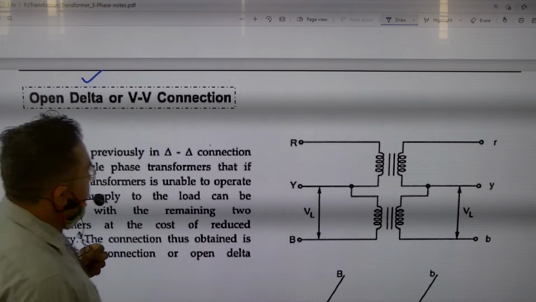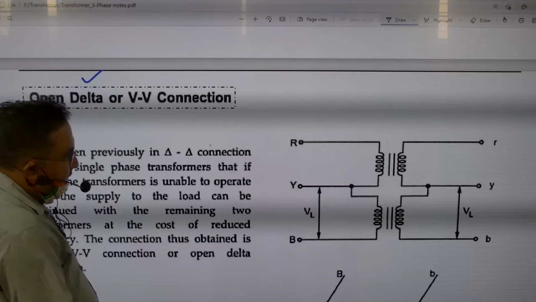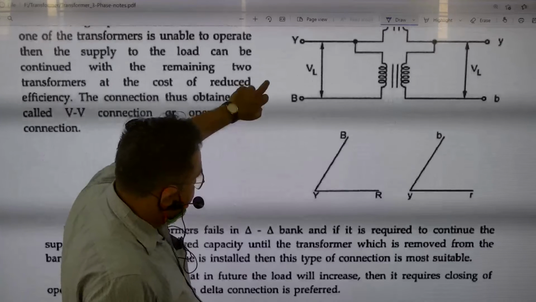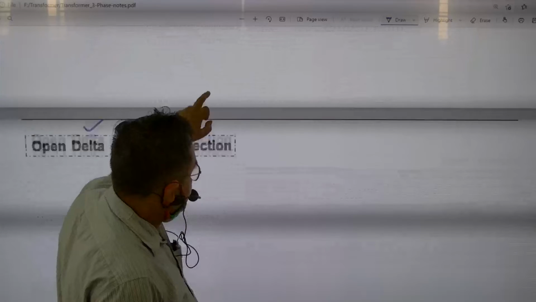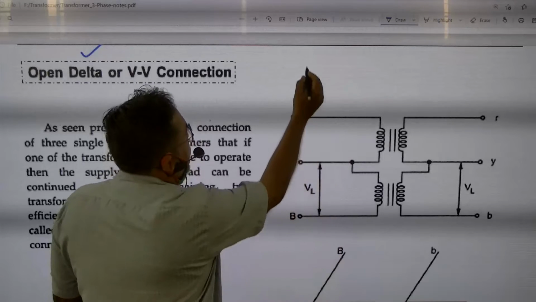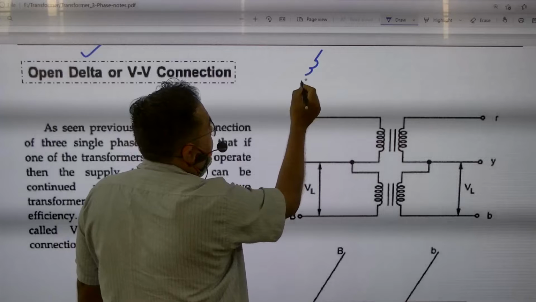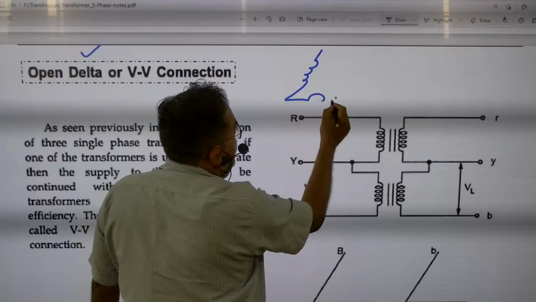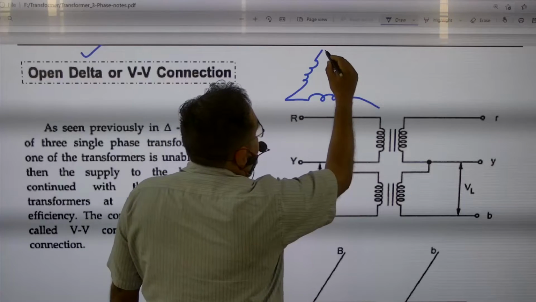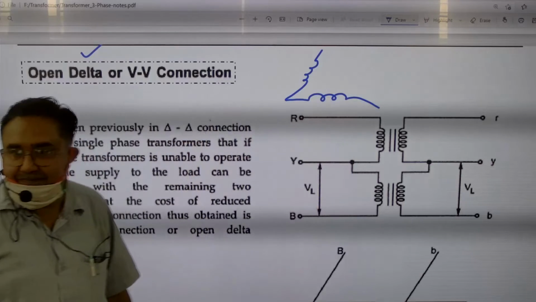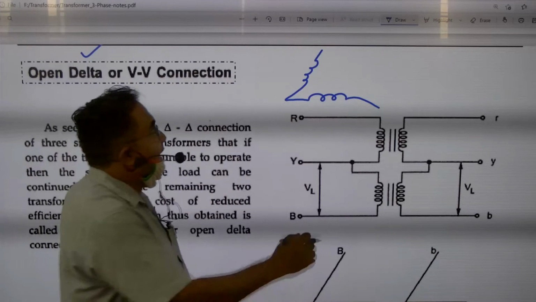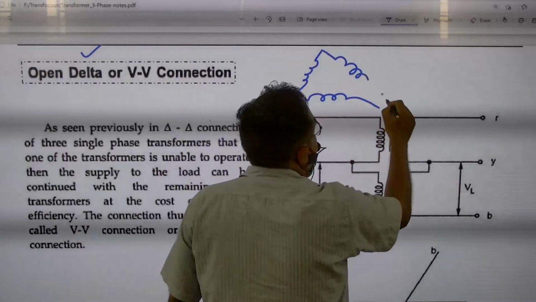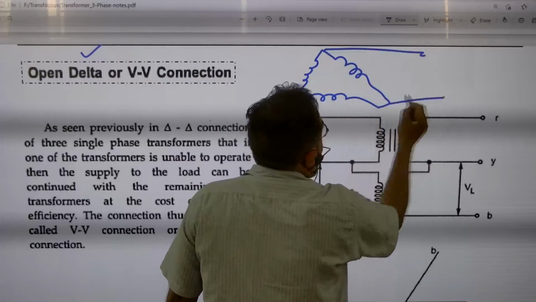For example, like this, I will draw it. There used to be a third winding here in the delta connection. Do you agree? That's how this winding looks.